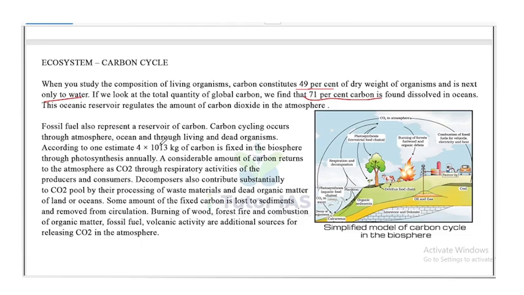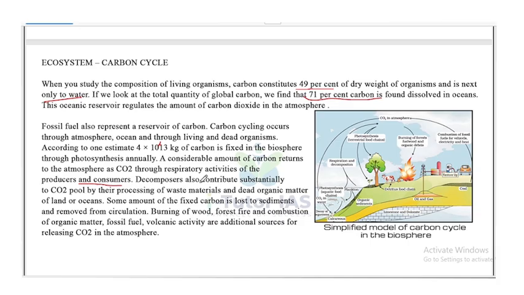So this is 4 into 10 raised to 13 kilogram of carbon fixed in the atmosphere through photosynthesis annually. A considerable amount of carbon returns to the atmosphere as carbon dioxide through respiratory activities of producers and consumers.